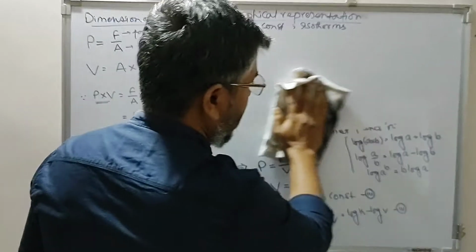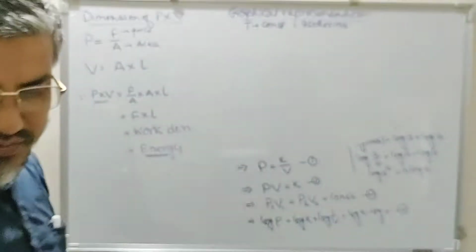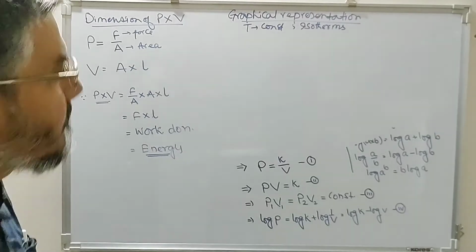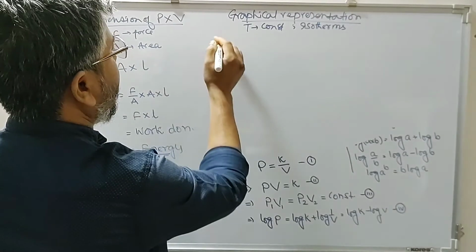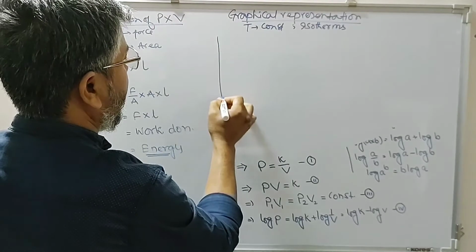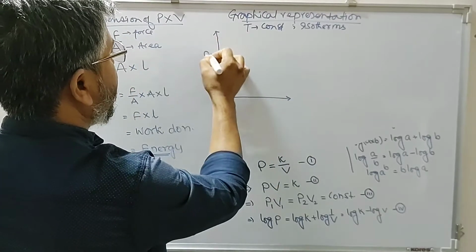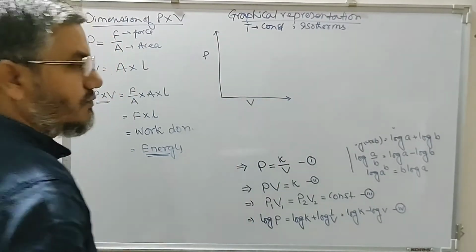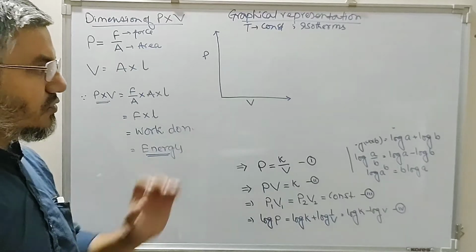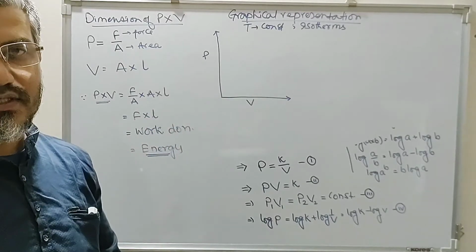So let's take up the different equations. We have this pressure and volume. Now, as I told you, pressure and volume are inversely related.